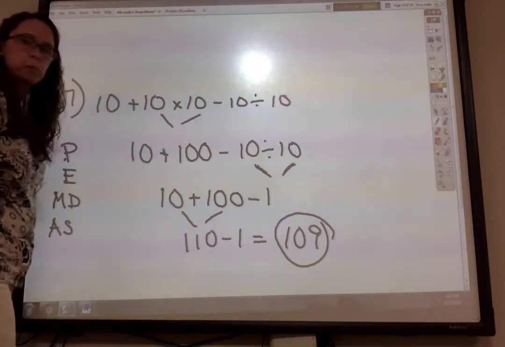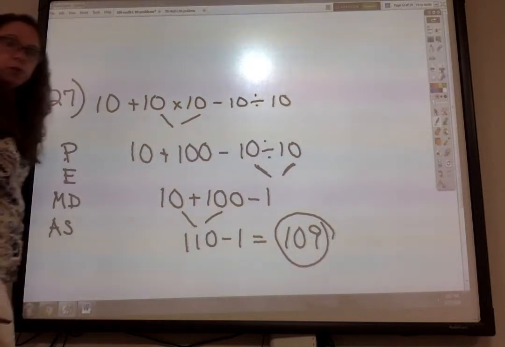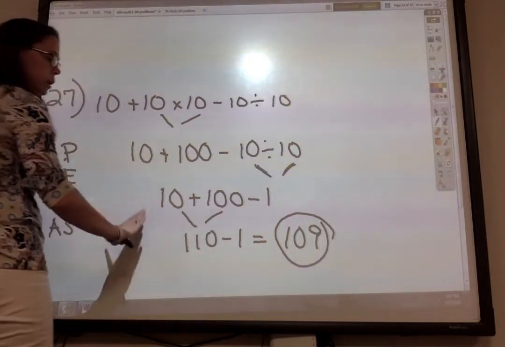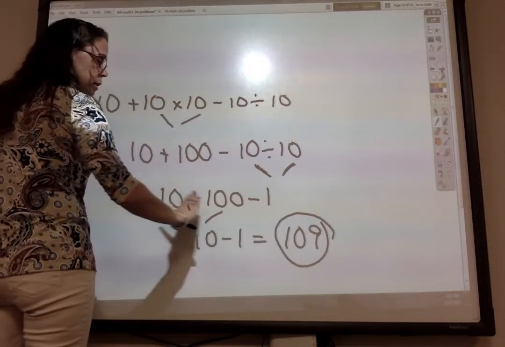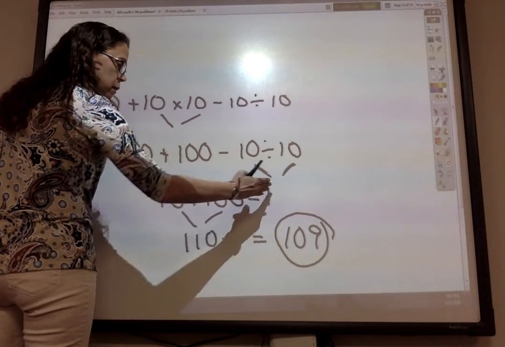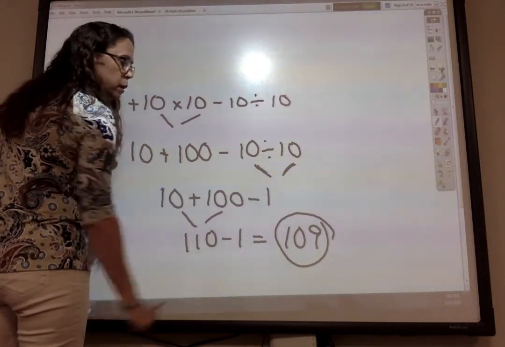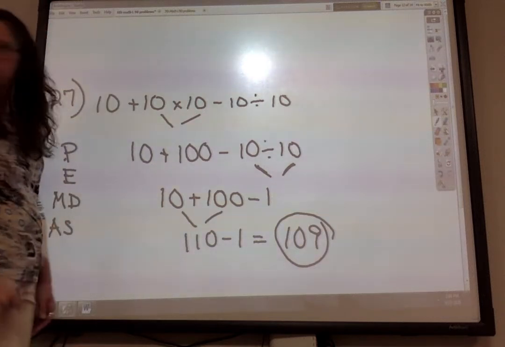Okay? Now I've taken care of my multiplication and division. Now I need to move to addition and subtraction from left to right. So the first thing I hit is 10 plus 100. So I'm going to combine those. I'm going to get 110 minus 1. Final answer is 109. Okay?